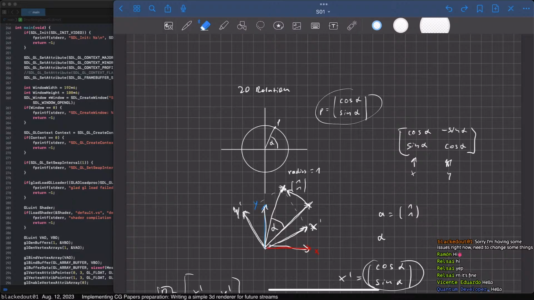So in the last stream, we created this small demo here. Originally in the SDL template, there was just a rectangle, and in the last stream we derived some 3D rotation matrices.